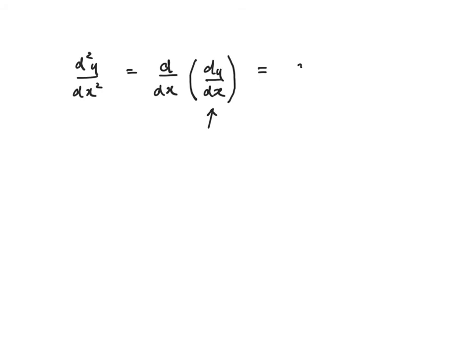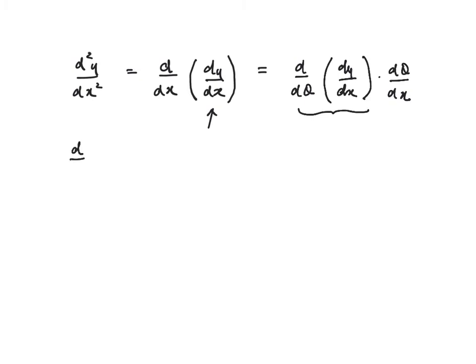And we have d by d theta times dy by dx, and then multiplied by d theta by dx. Now, this is the part that I want to do just now. So I want to differentiate with respect to theta dy by dx, and that was cos 2 theta. Now that's not difficult to do, it's just minus 2 sine 2 theta.